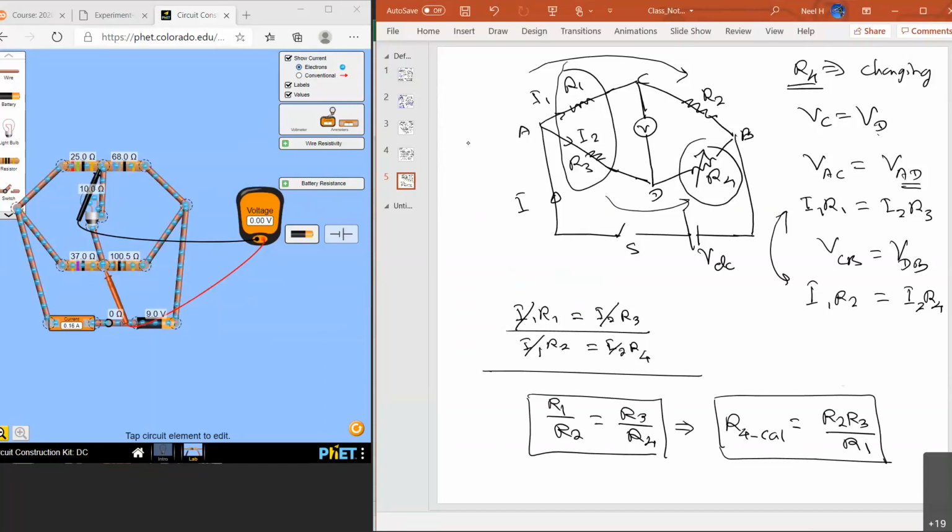That's called the balancing point of the Wheatstone bridge. When the Wheatstone bridge is balanced, then voltage C should be equal to voltage D. That's the point. When it happens, I can figure out this equation. Okay, question.